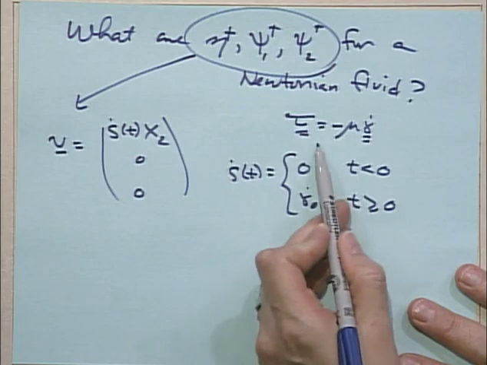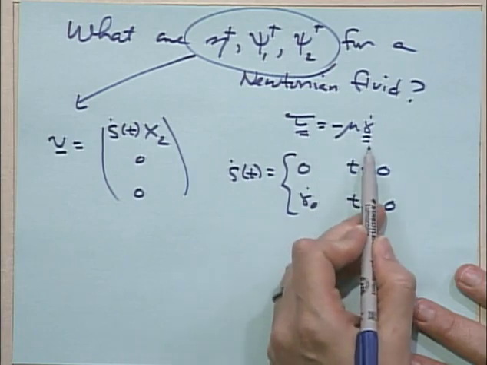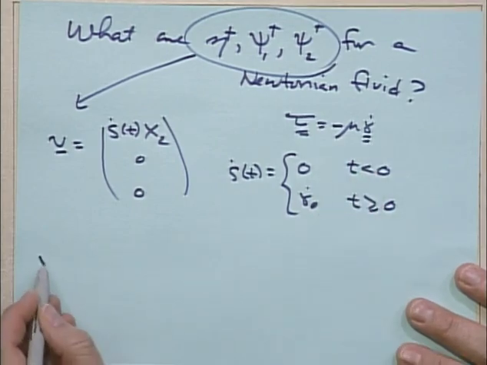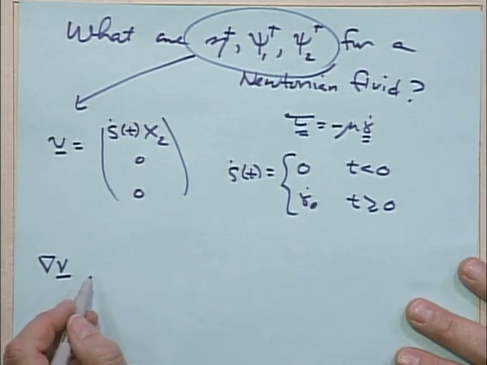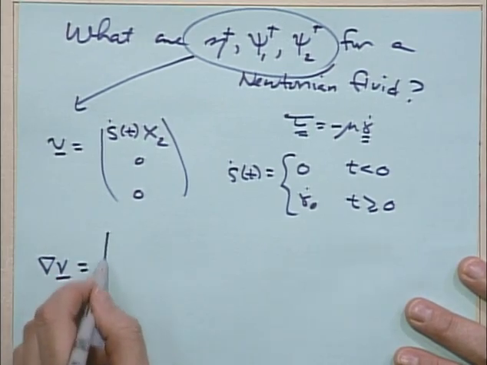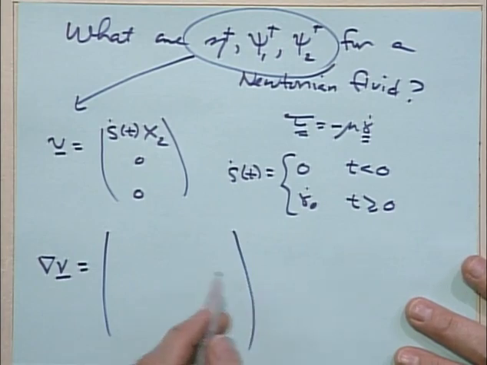To evaluate the constitutive equation, we need gamma dot. Gamma dot is del V plus del V transpose, so we need del V. So del V again, and we can do Einstein notation again. Or we could grab our old slide and copy it down.